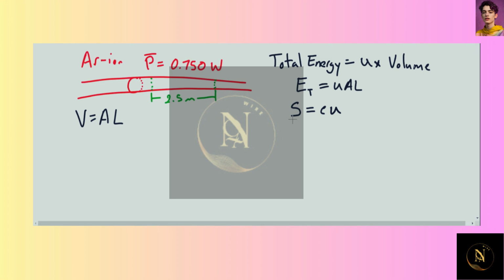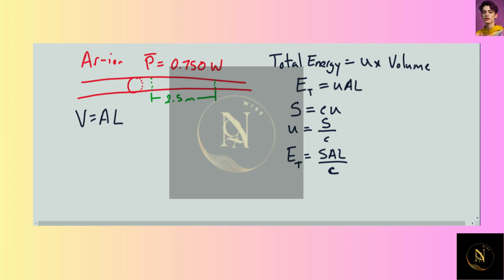That's just intensity is equal to C times U. So if I rearrange that to solve for U, I get U equals S over C. Let's try plugging that into our equation for total energy now. ET equals SAL over C. And now we have the intensity in there in place of the energy density.